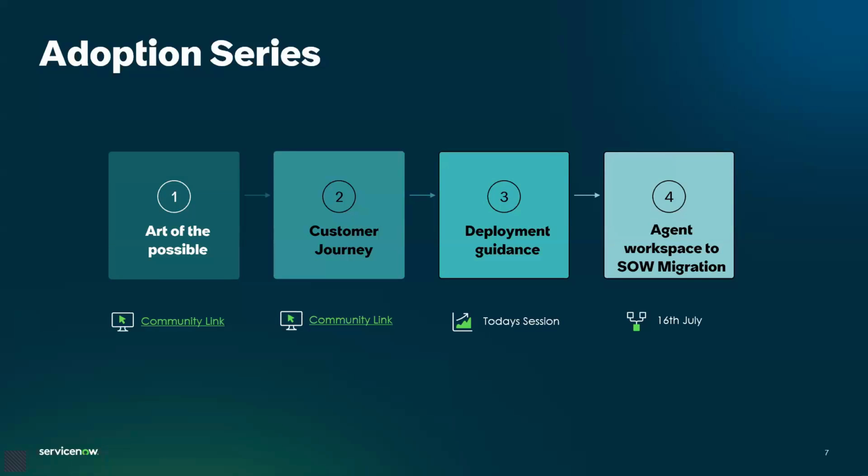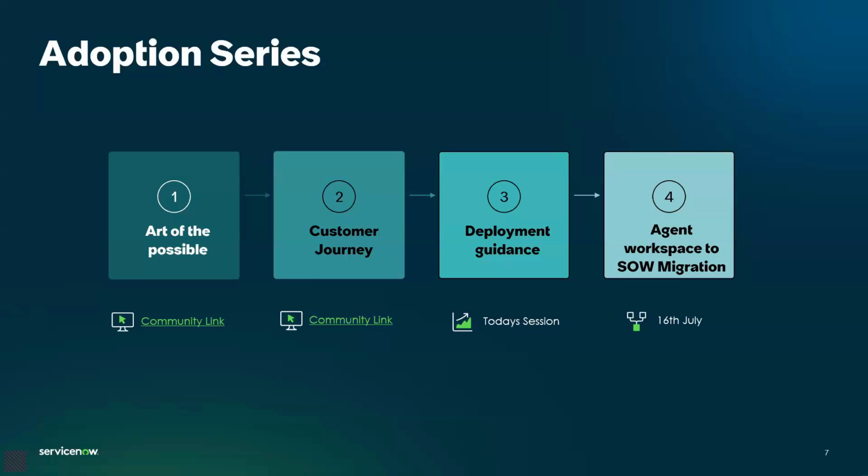In today's session, we will go over how to accelerate deployment and use available configuration resources in SOW Admin Center. And in the coming session on July 16th, we will go over how to migrate from Agent Workspace to SOW.